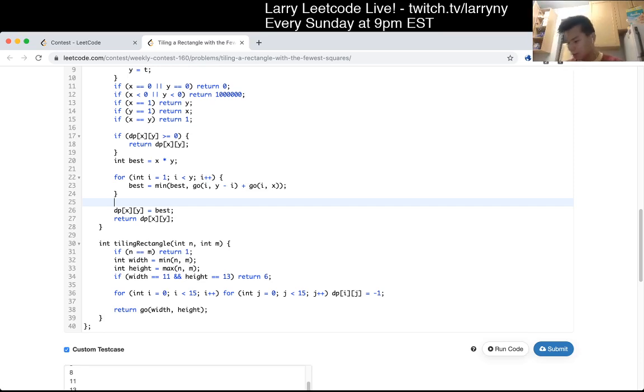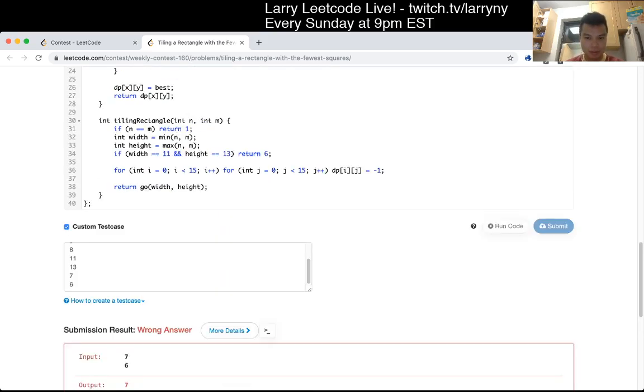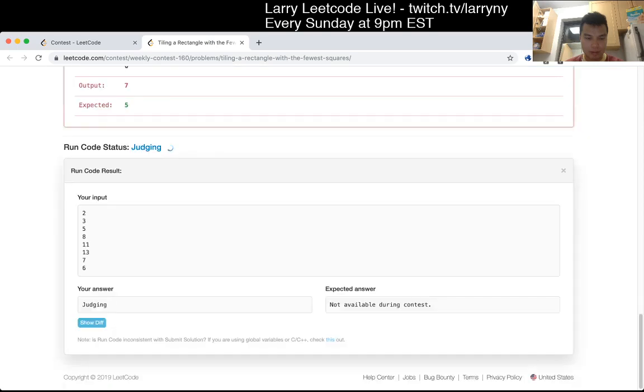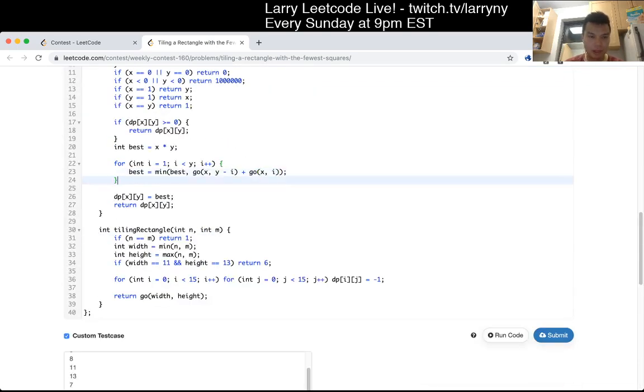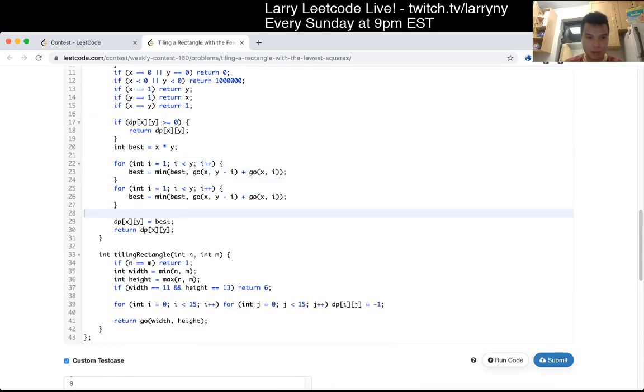Okay. Actually, the recurrence is actually some. Oh man. Okay, but now I think we also want it in the other direction. Okay.